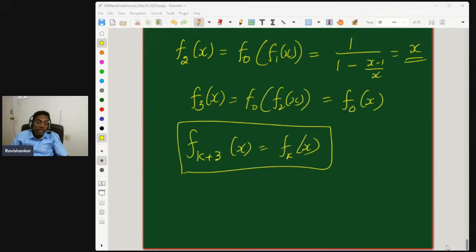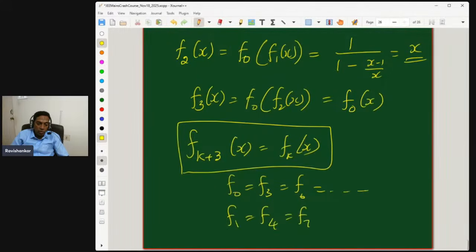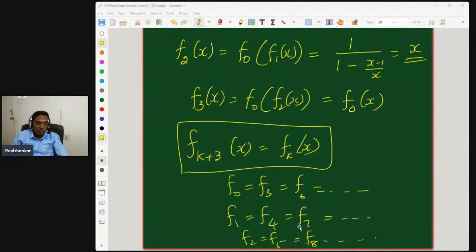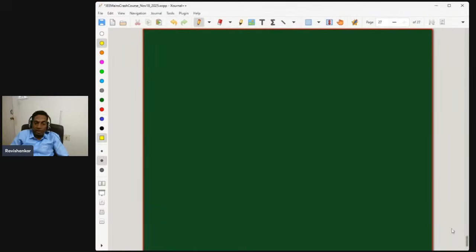So now with this idea, f naught is f3, f6, etc. f1 is f4, f7, etc. and f2 is f5, f8, etc. So f100 is nothing but f1.